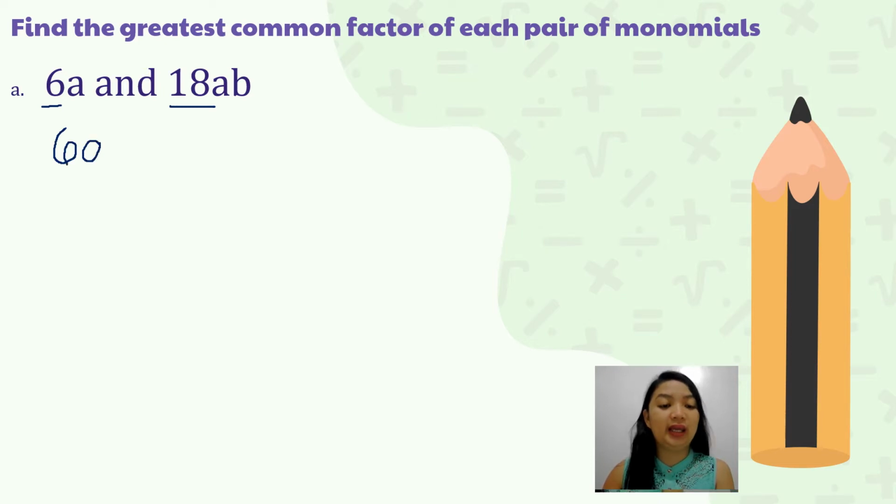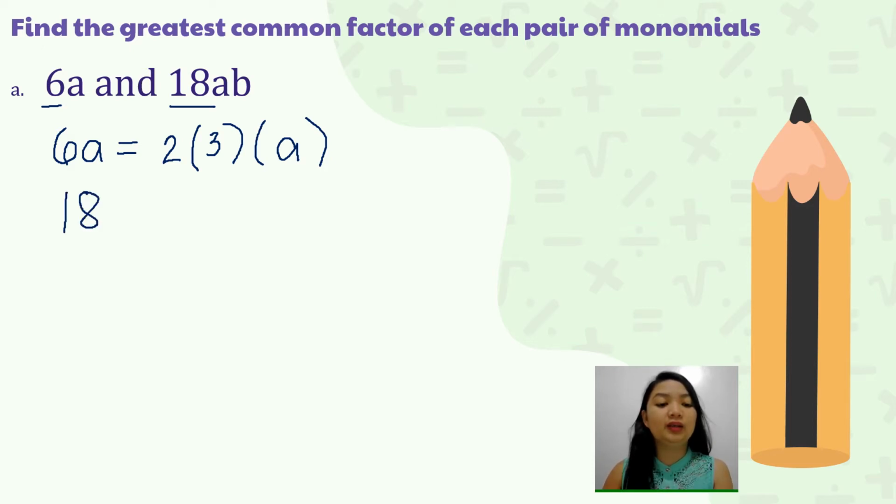To get 6a, we have the factors 2 times 3 times a. How about 18ab? This can be 9 times 2.